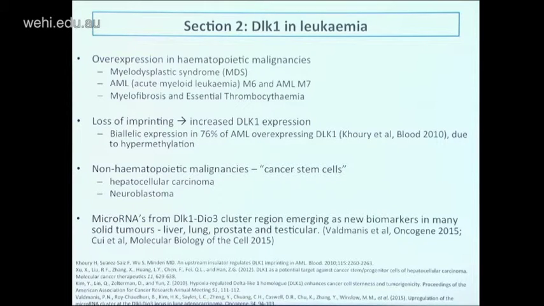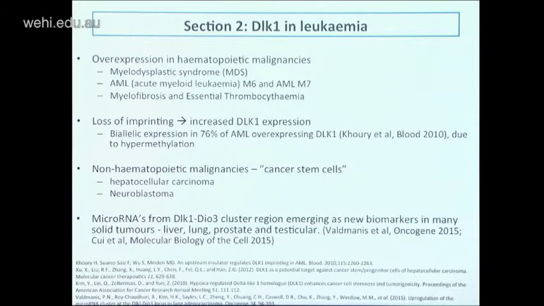And not just in hematopoietic malignancies, but also in non-hematopoietic malignancies, especially hepatocellular carcinoma and neuroblastoma, they were frequently overexpressed, and they seem to have a cancer stem cell-like quality, with increased tumorigenicity, self-renewal and chemoresistance.